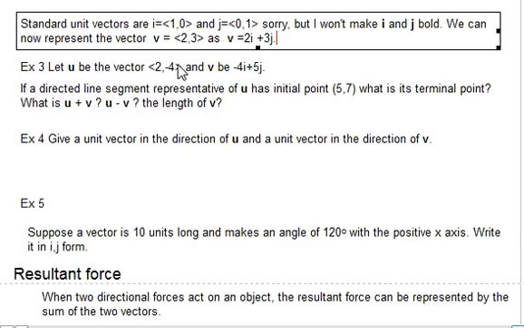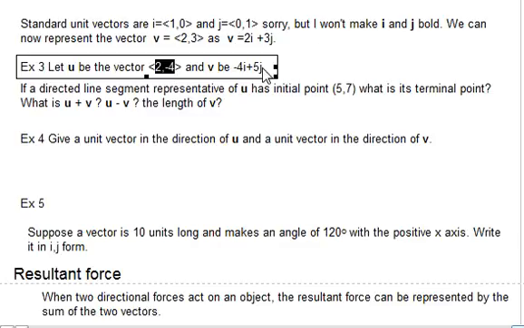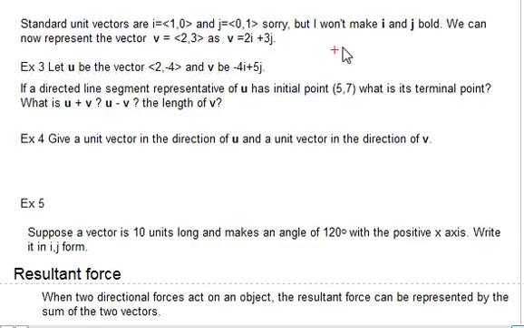So, let u be the vector in component form 2, negative 4, and v be the vector negative 4i plus 5j, and let's play a little mix and match here. If a directed line segment representative of u has initial point 5, 7, what is the terminal point?